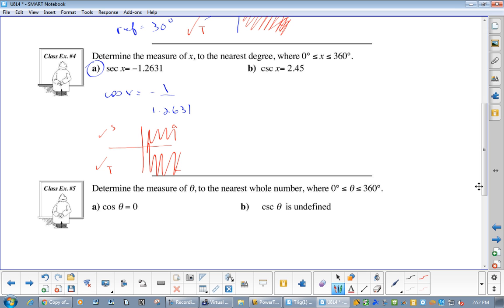Okay, so go second cos, 1 over 1.2631. And what do you get? Ref angle equals 38 degrees. Okay, so let's draw it in there.